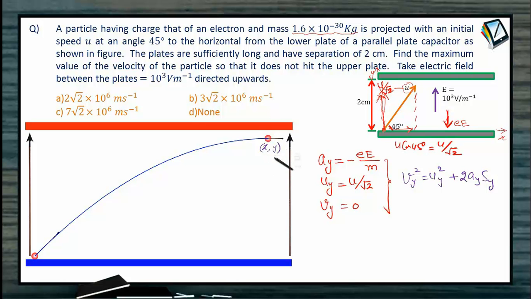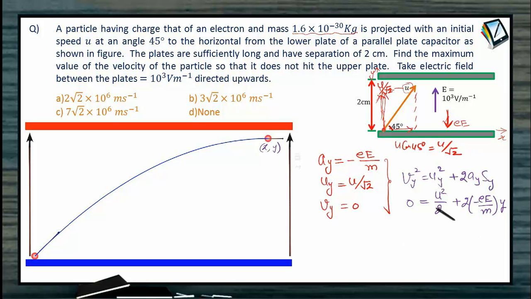So y is the displacement along the y-axis. For the maximum value of Sy, Vy is 0. So 0 equals Uy squared, which means u squared divided by 2, plus 2 Ay, where Ay is minus eE divided by m, into y. So this is what we have got.